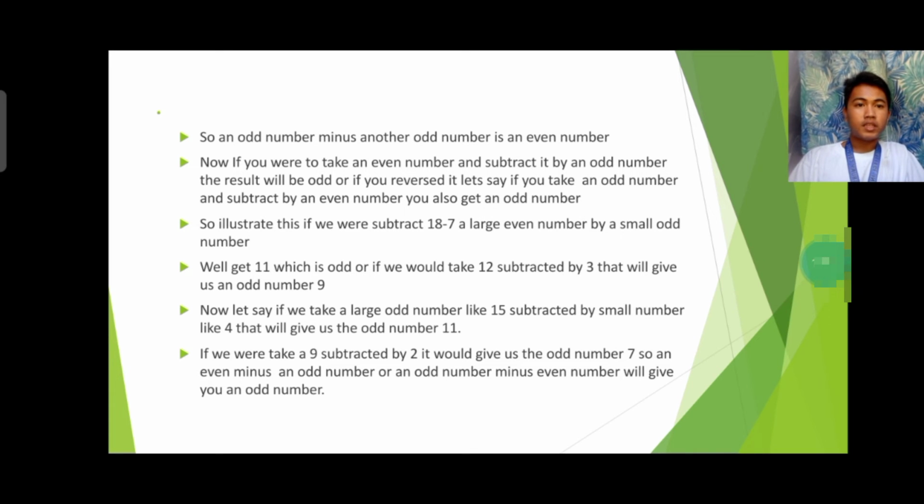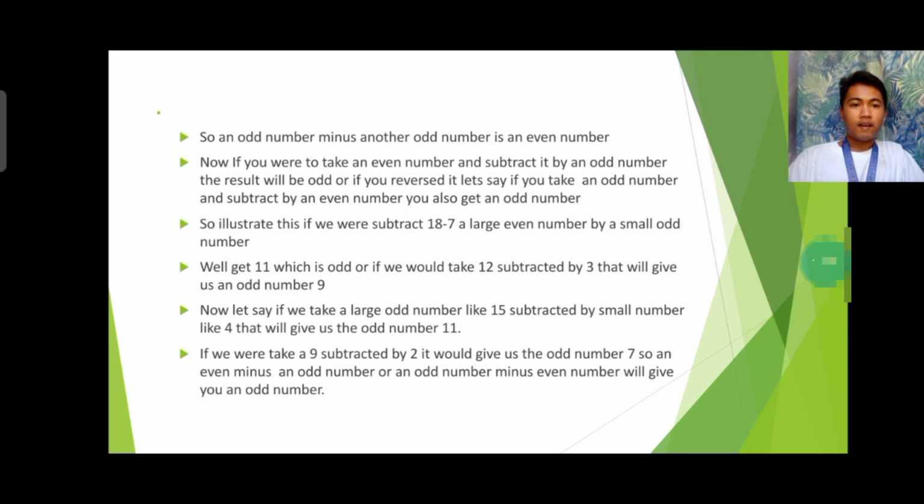To illustrate this, if we subtract 18 minus 7, a large even number minus a small odd number, we'll get 11, which is odd. If we take 12 minus 3, that will give you an odd number, 9. Now, let's say we take a large odd number like 15 minus a small number like 4, that will give us the odd number 11.